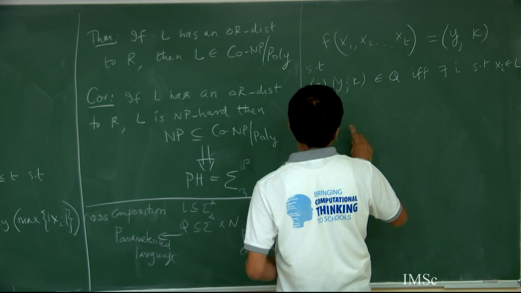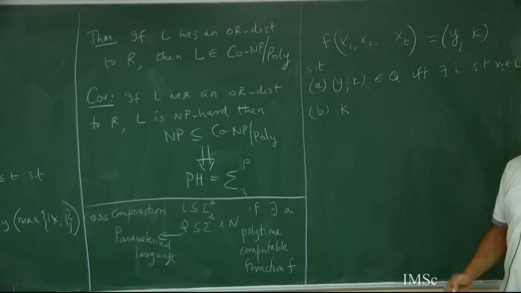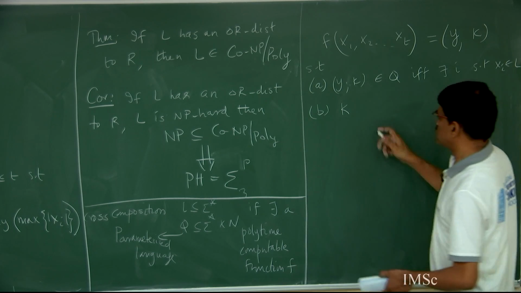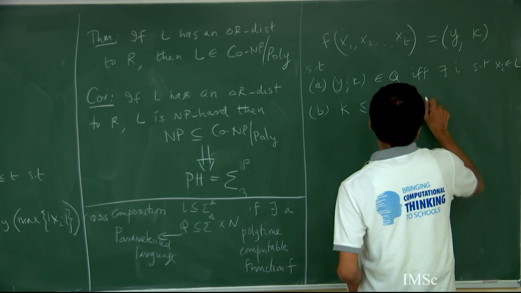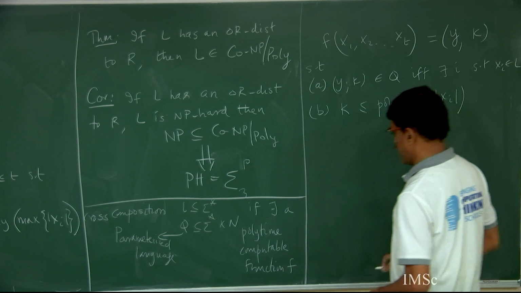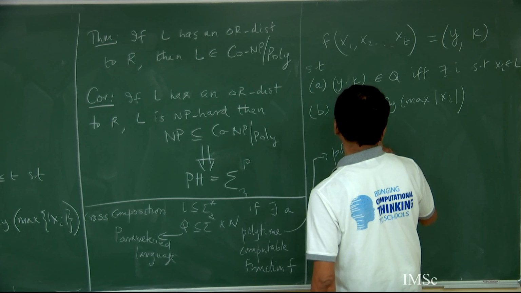Now I do not care about the length of y. What do I care about? The parameter k. I want k to be some polynomial in the max of the |x_i|. And when we say polytime here, it is polynomial in the sum of |x_i|, same as before.